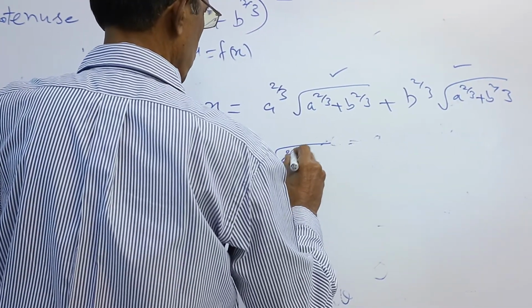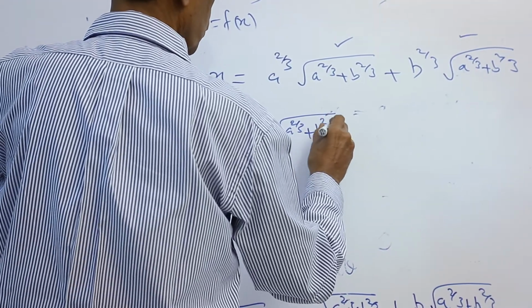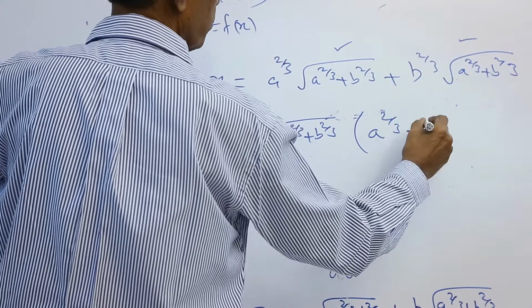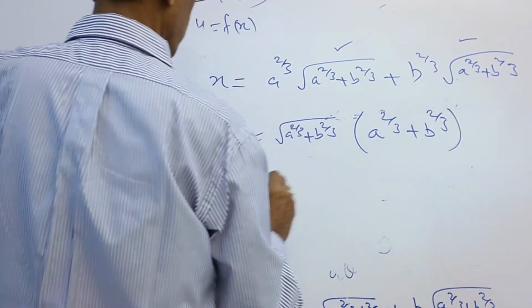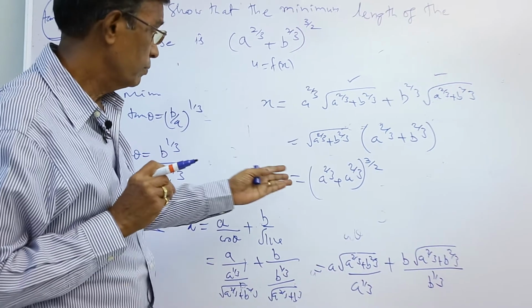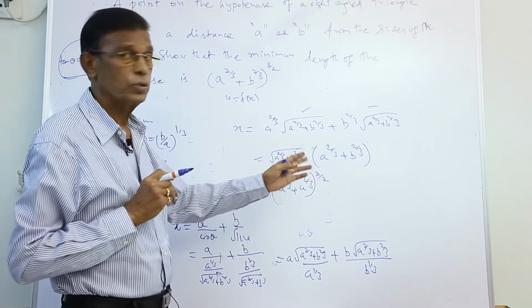A power 2 by 3 plus b power 2 by 3 into a power 2 by 3, this common b power 2 by 3. Tell them, because most of the students will think they can cancel this thing also. No, that cannot be done.